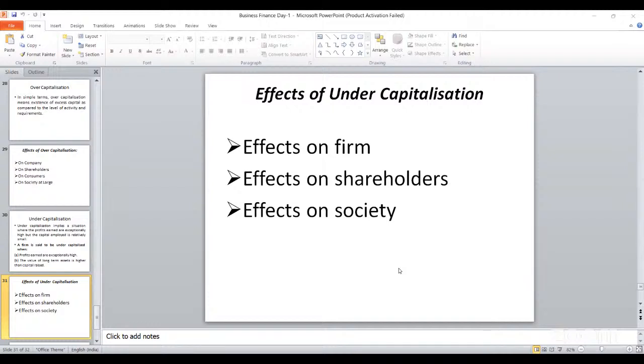The concept of undercapitalization ultimately increases or decreases the credit. What will happen in undercapitalization? Does it increase your credit worthiness or decrease it? It increases the credit worthiness.